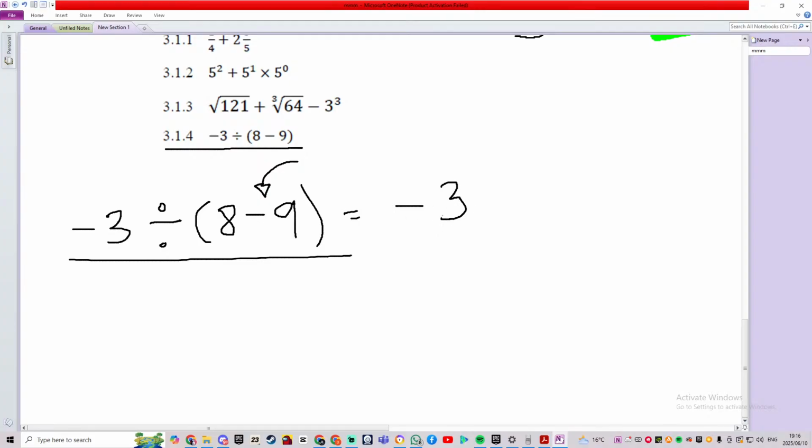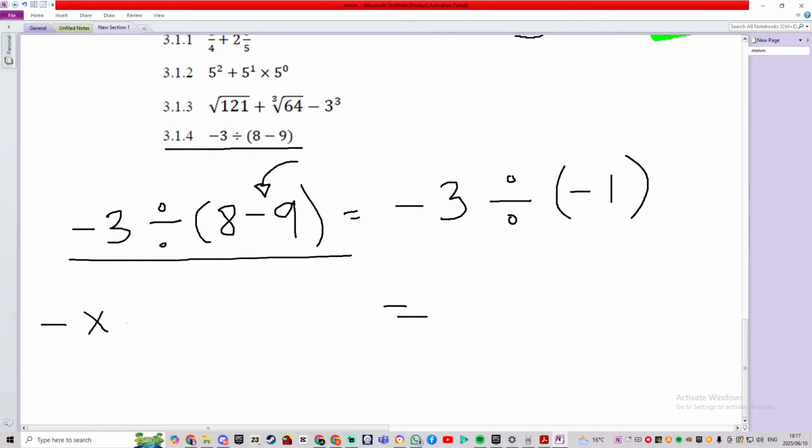So we have minus 3 divided by 8 minus 9, which is negative 1. Now we have minus 3 divided by minus 1. Now there's a few rules we need to know.